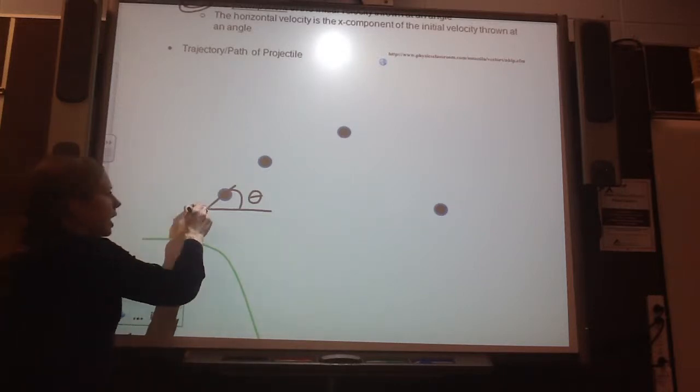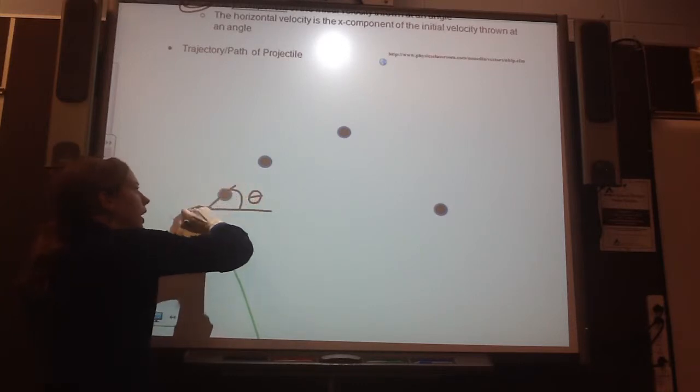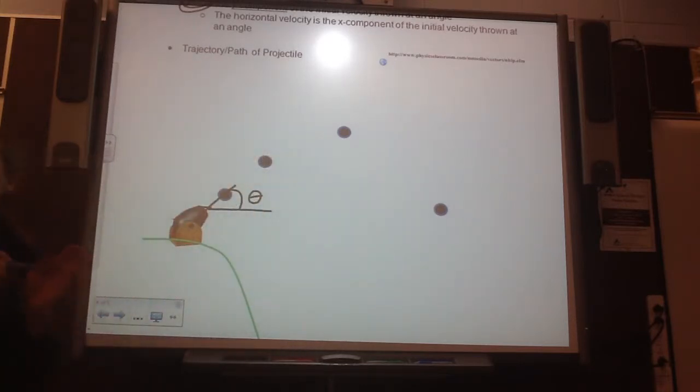So if the cannonball is shooting out, 30 degrees is the angle at which it was projected upwards. So it's not 30 degrees according to our bearing navigator's method, it's just 30 degrees in reference to where it was shot from. Okay? I'll give you more examples.